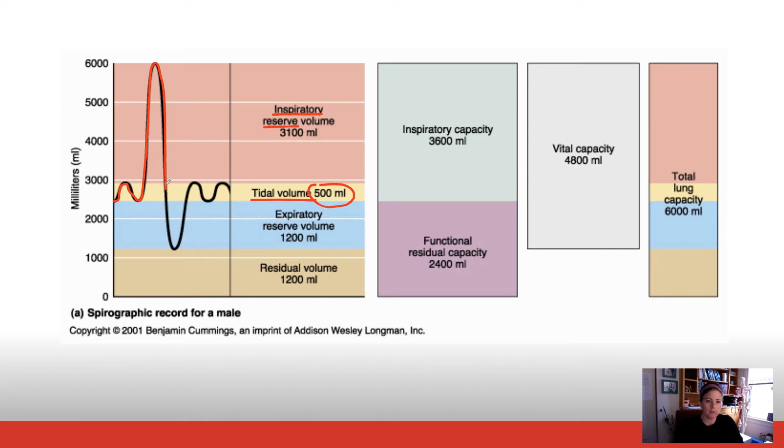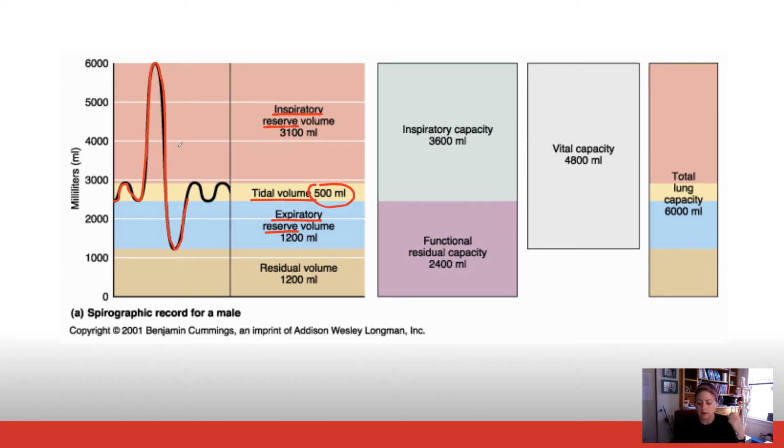So we're going to pick up this tracing here, and I'm going to say, breathe out hard and fast, breathe out, all the way, get all the air out that you possibly can, and that's going to be our expiratory reserve volume. Honestly, I'm not as interested in you knowing actual numbers for these as just what are they, how would you test them with a patient, that sort of thing. So there's our expiratory reserve volume.